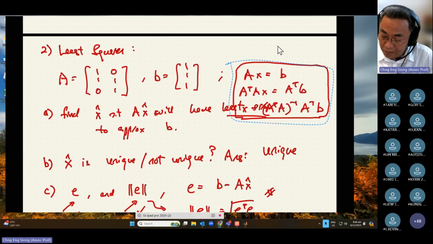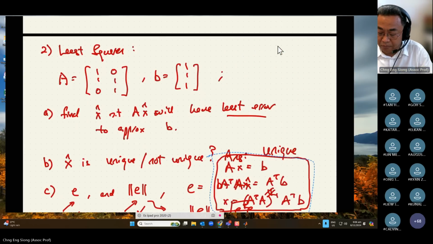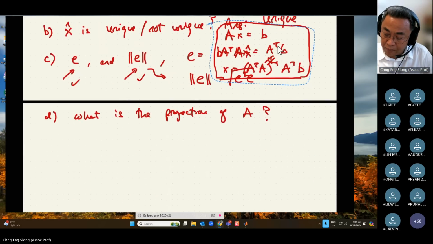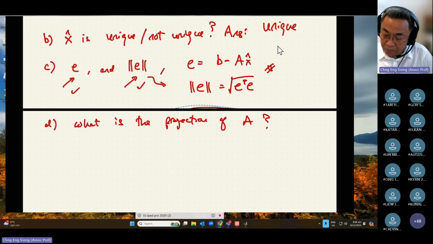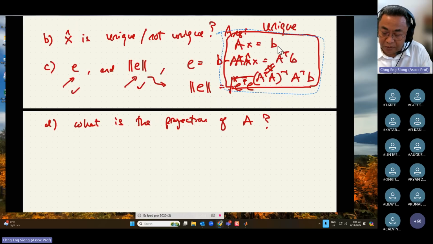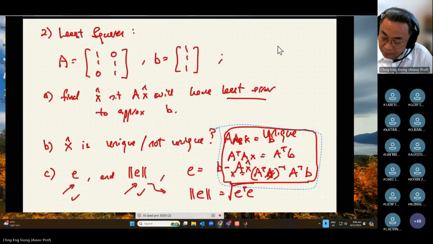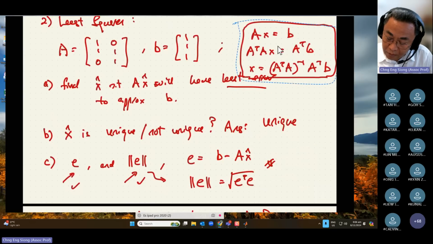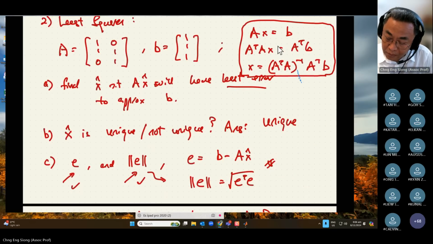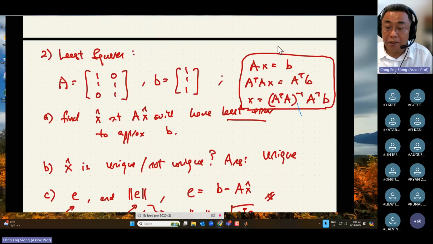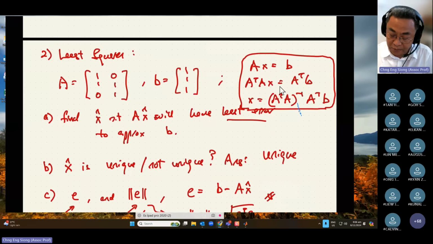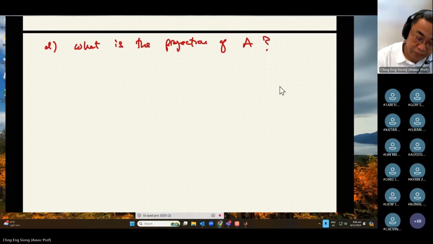Can I copy? Yeah, could copy. Oh, it cannot go across pages. So bad. All right, let's put it back here. Okay, I'm going to write this for you, and then I'll ask you. No, A transpose is not the projection matrix. All right, let's do it. Always start with what you know.